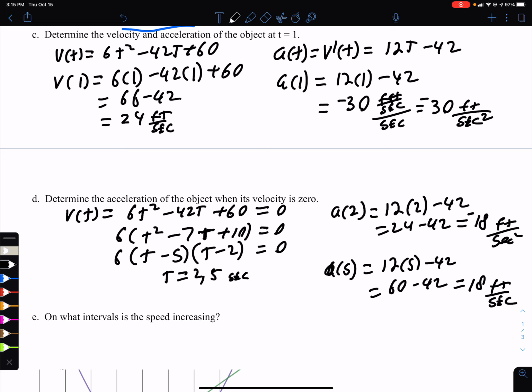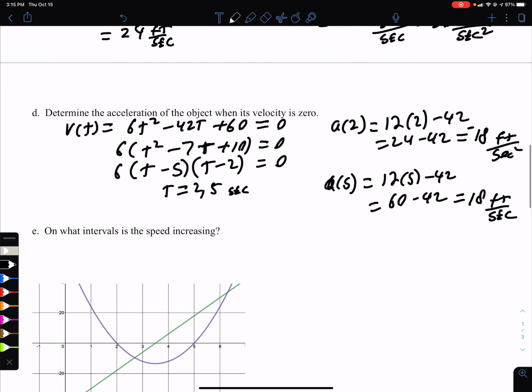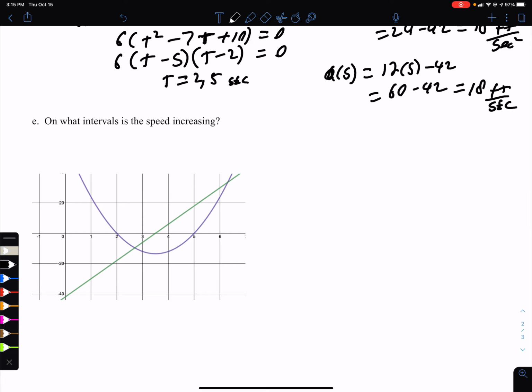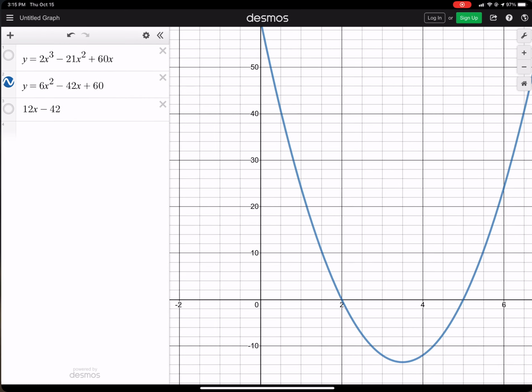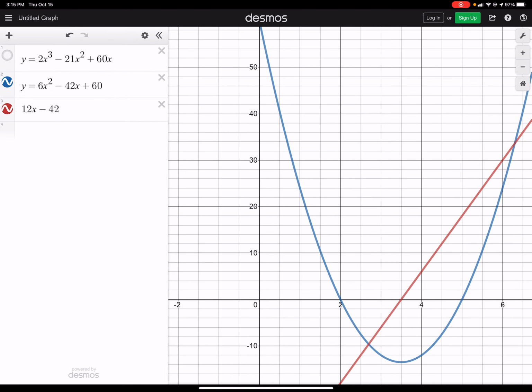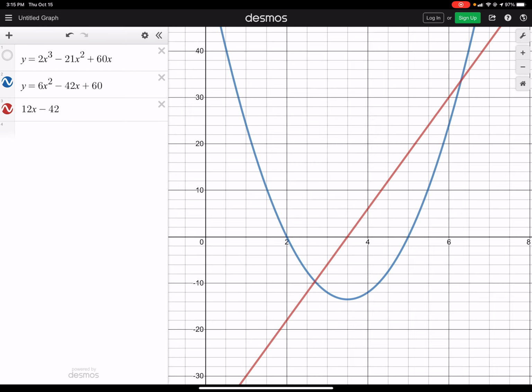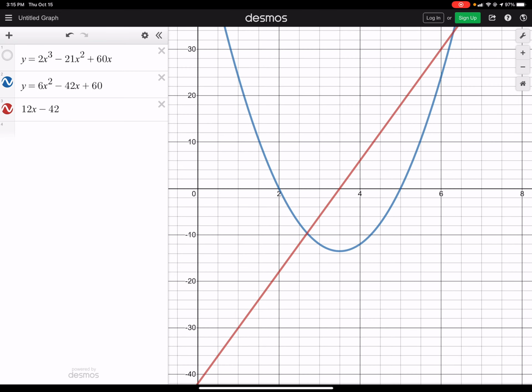Okay, that's part D. Part E, on what intervals is speed increasing? You have to know the speed increasing is dependent upon the velocity and the acceleration. So if I go back to Desmos, and now I graph the acceleration, those are the two graphs, acceleration and velocity.